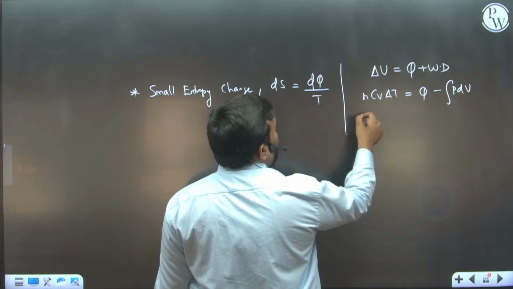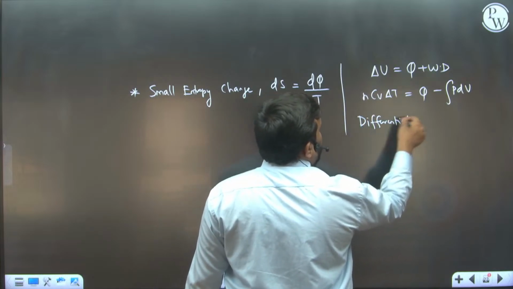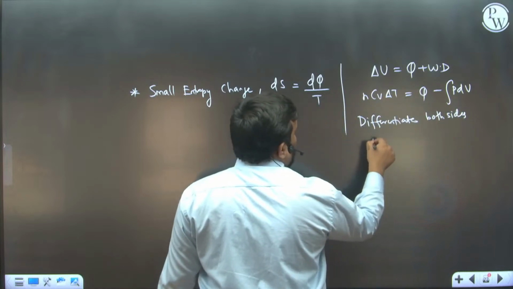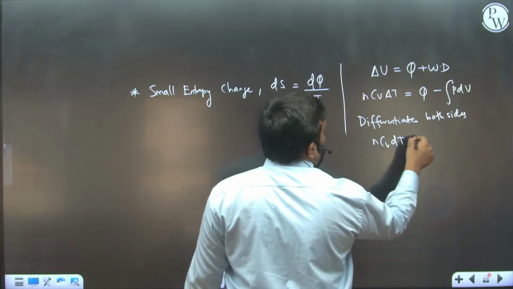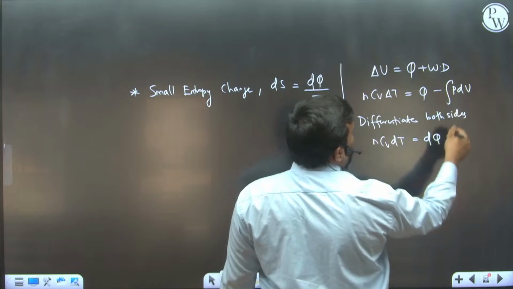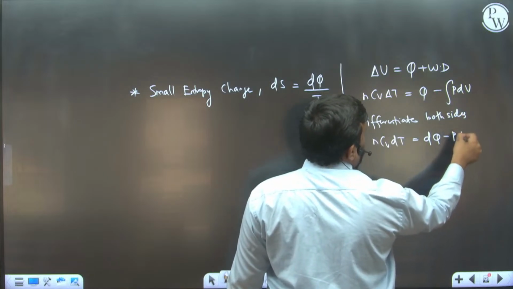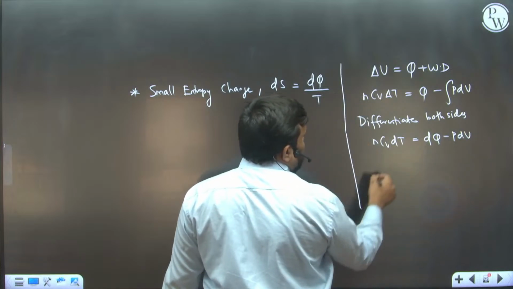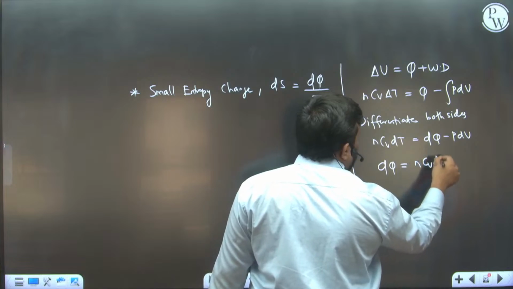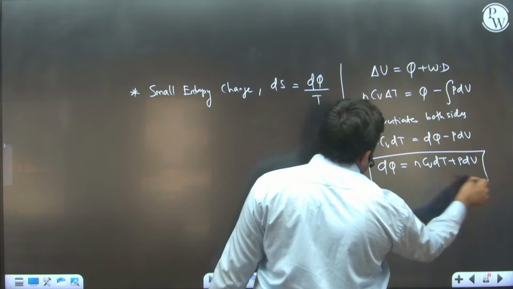So if you differentiate both sides, you will get nCV dT is equal to dq, and this differentiation of integration will be cancelling both, and you will get minus PdV. So here you can see we are getting dq equal to nCV dT plus PdV. This is the equation we are getting over here.